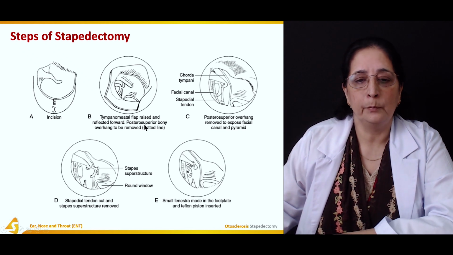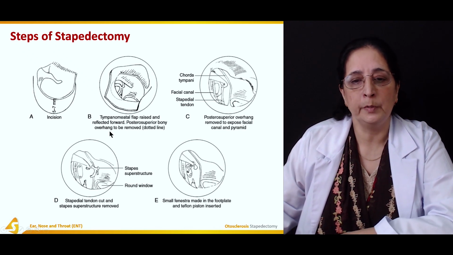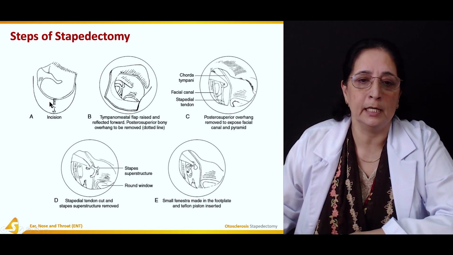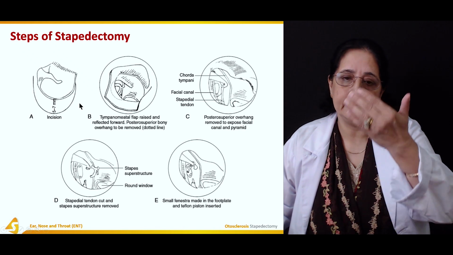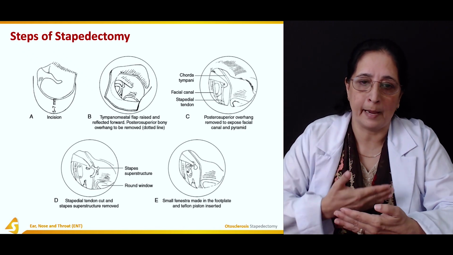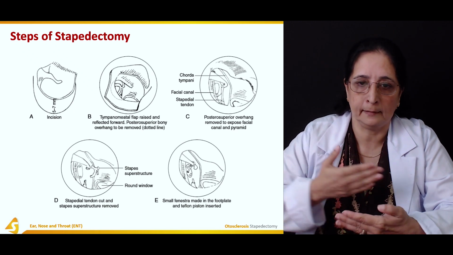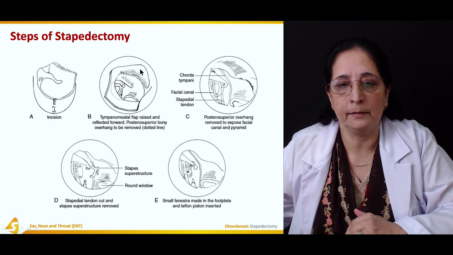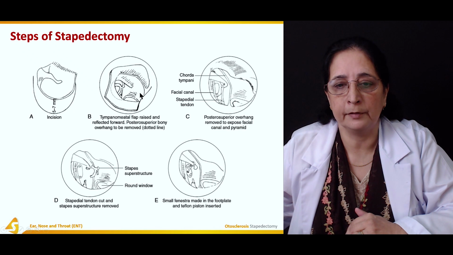Posterior superior bony overhang to be removed, dotted line. So the incision is given, and then the flap is raised and reflected forward like this, and you can see it's reflected. And then we can see the ossicles and different structures.